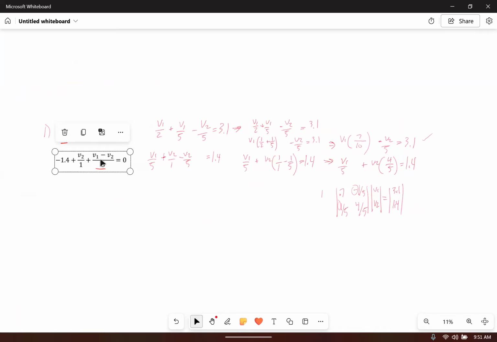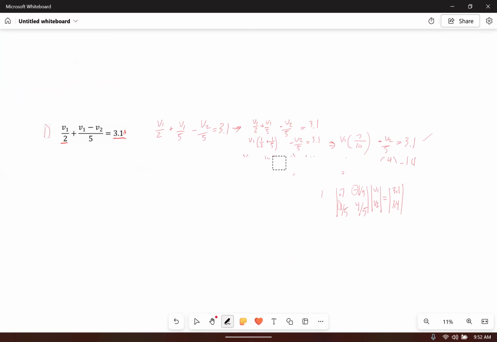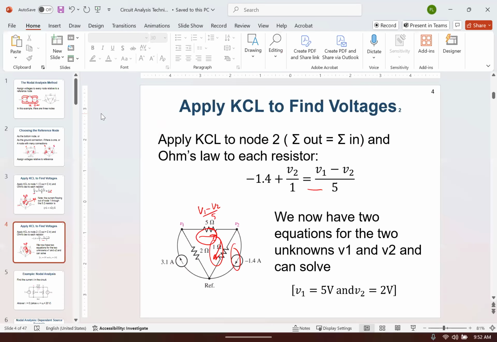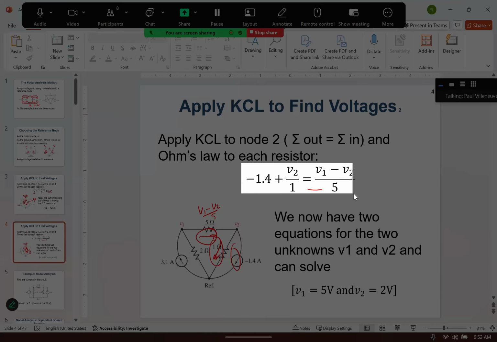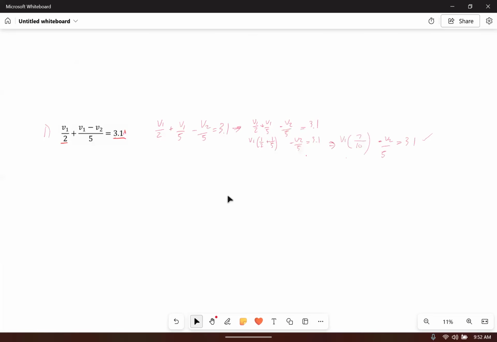So let's erase this stuff right here because we have that one sign change. And then we'll fix it because it would have given us a goofy number. All right, so let me go back here and copy that. Or screenshot it. Paste it into here.